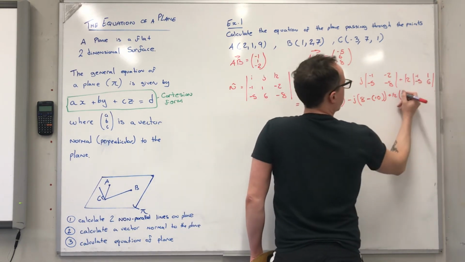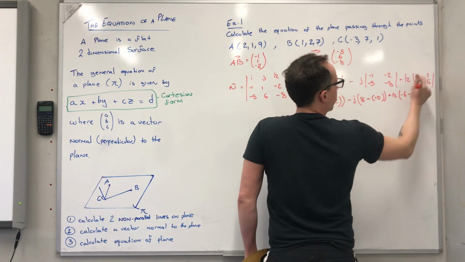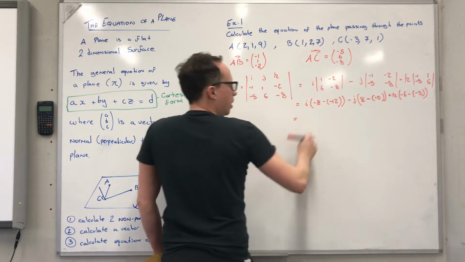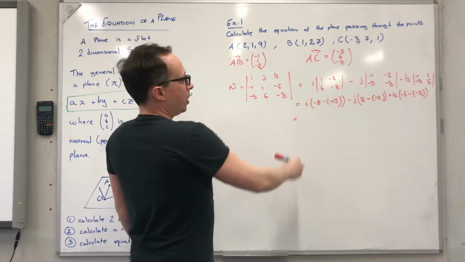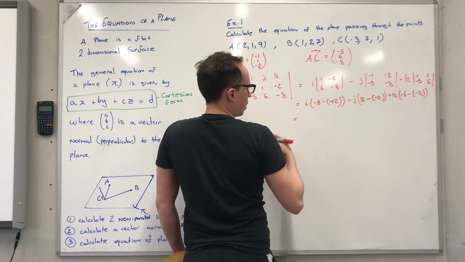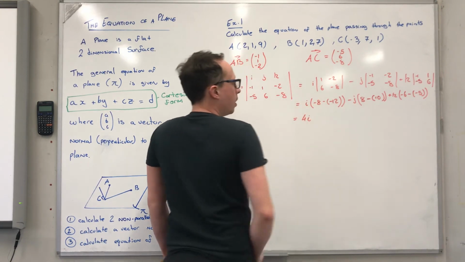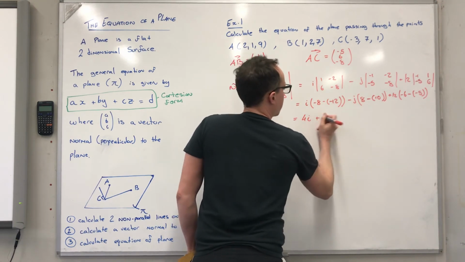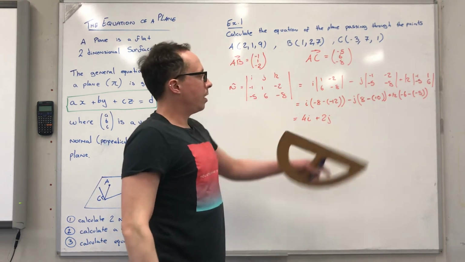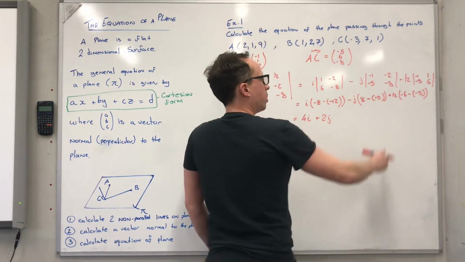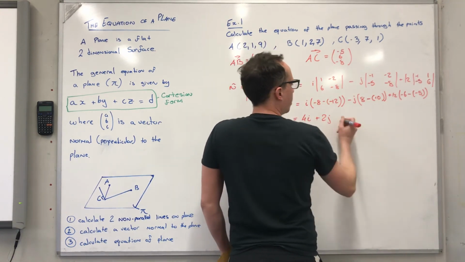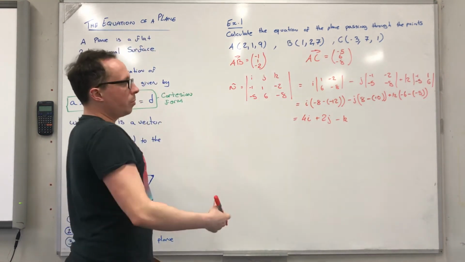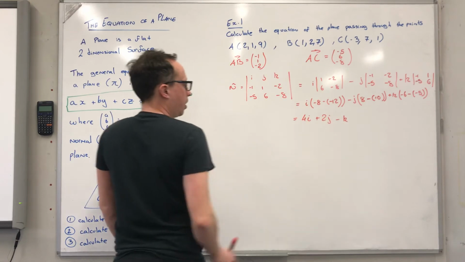Negative 1 times 6 is negative 6, minus 1 times negative 5 is negative 5, giving us finally negative 8 minus negative 12 is negative 8 plus 12, which is going to give us 4. 8 minus 10 is negative 2. Negative 2 times negative j gives us plus 2j. Negative 6 minus negative 5 gives negative 6 plus 5, so we get negative k. So our normal to the plane is 4i plus 2j minus k.